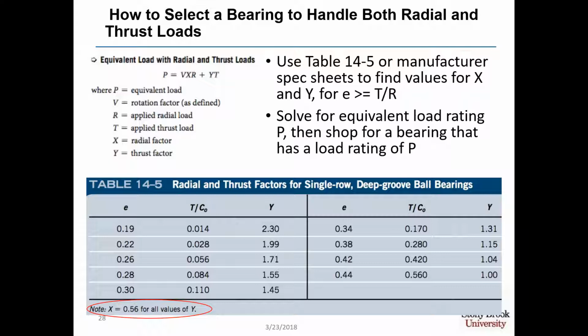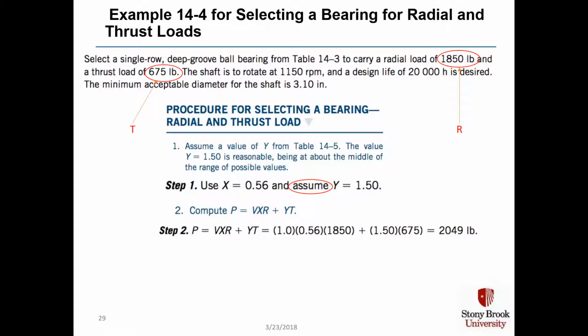So the first thing we do is solve for the equivalent load rating P, and then we look for a bearing that has at least the load rating of P. So here's example 14-4 for how to do that.